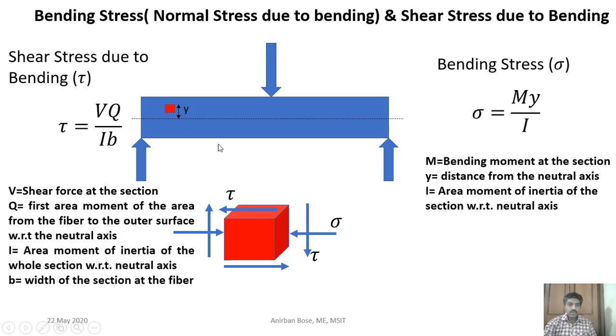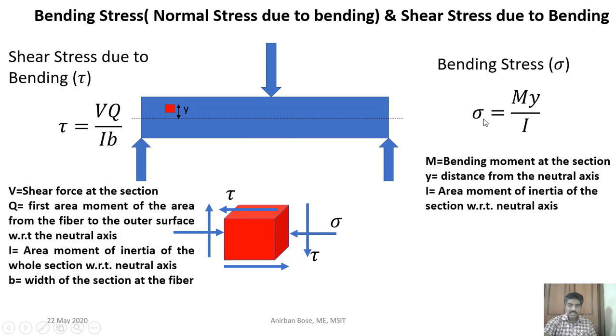So from the neutral plane, the distance of that point is y, and I is the second area moment, or area moment of inertia, of that particular section with respect to the neutral axis. By this formula we can find out the bending stress at that particular location.